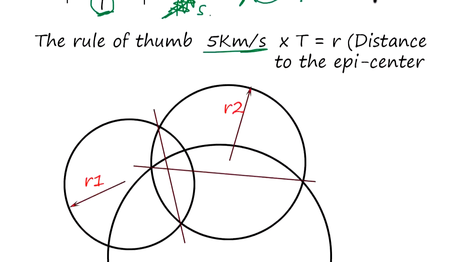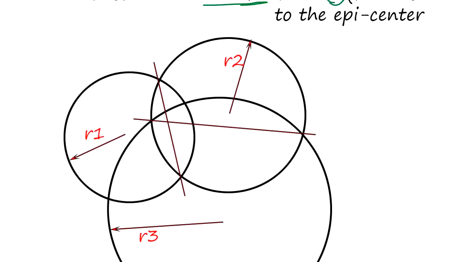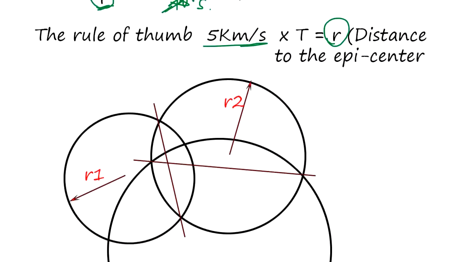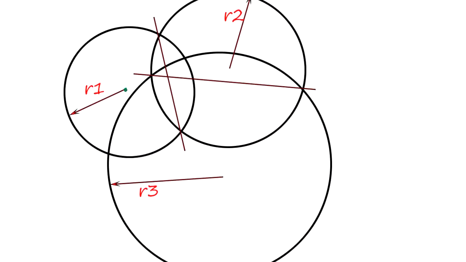Now once we get the distance r, we need 3 data. The monitoring system gets R1, R2, R3.